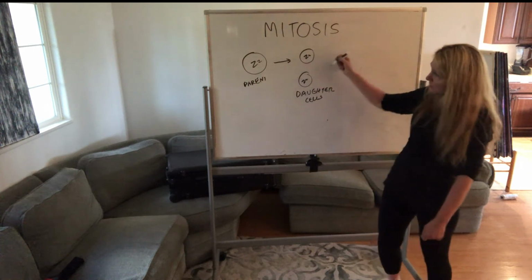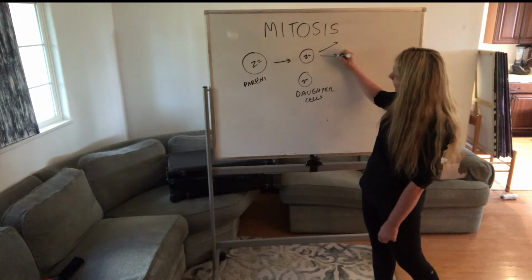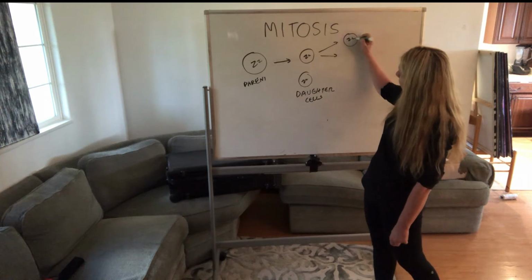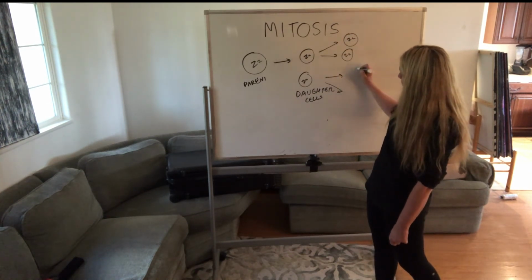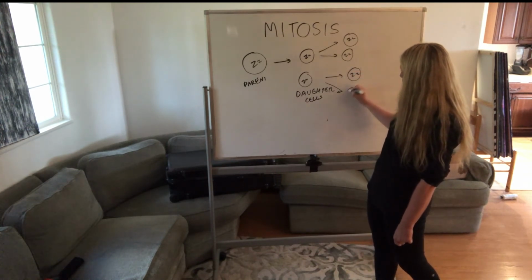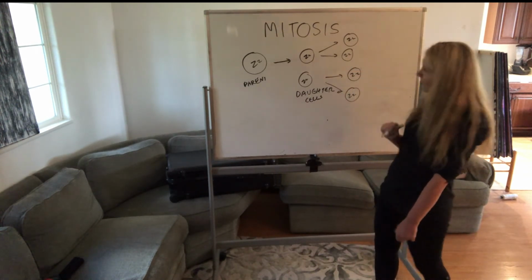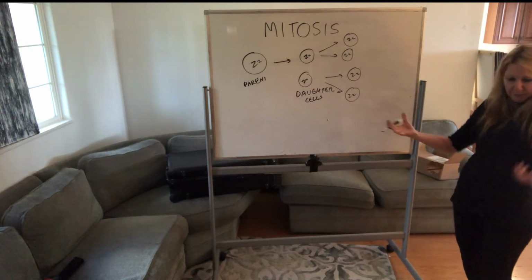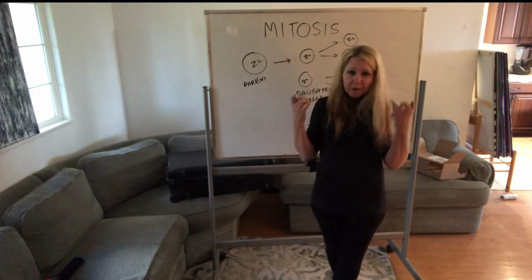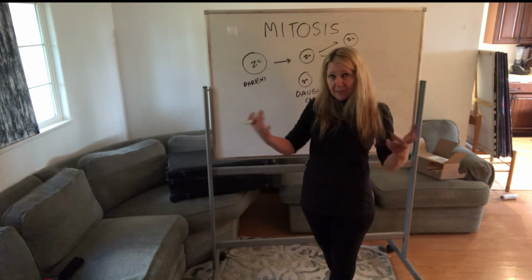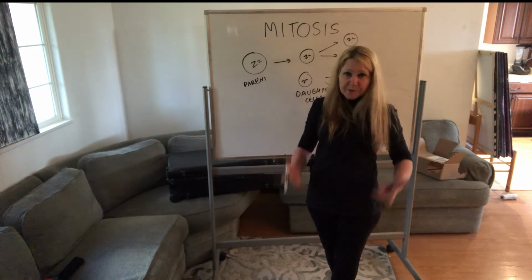And then these cells are going to divide. And they're going to produce clones of each other. So these cells are all the same. And this is what happens after a zygote is made. The zygote replicates, goes through cell division. So more and more cells are being made.